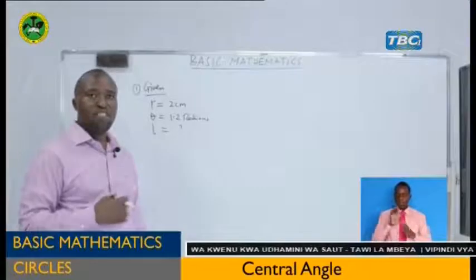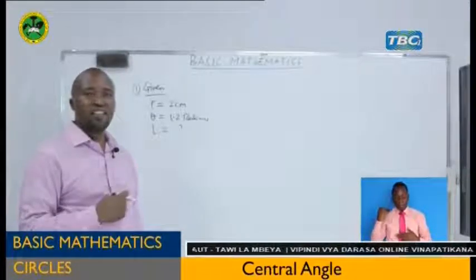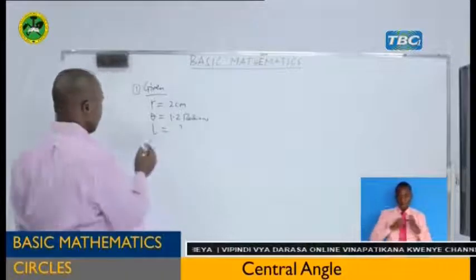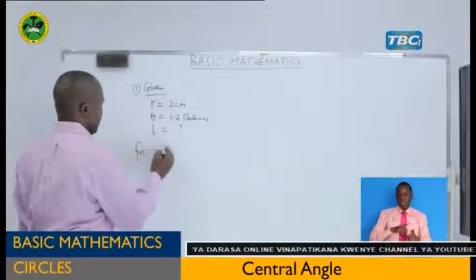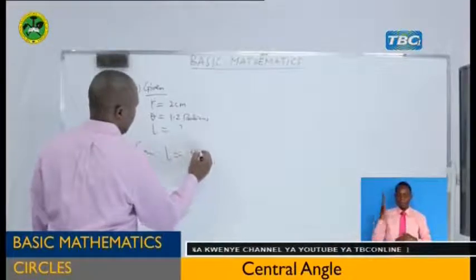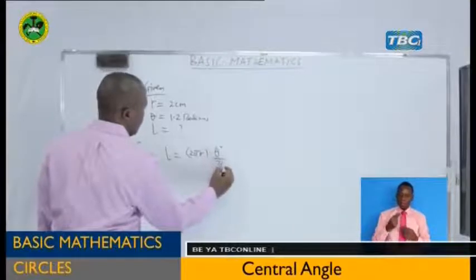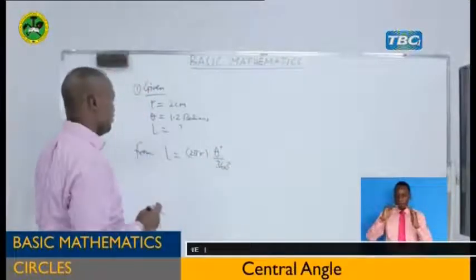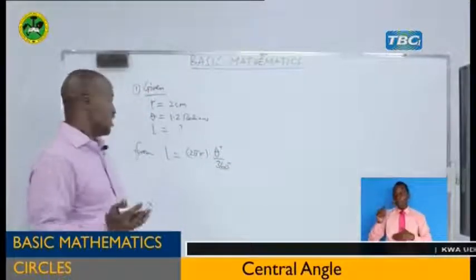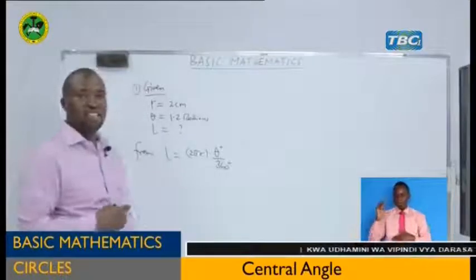Now, from our previous discussion, you remember the formula for finding the length of an arc. That is L equals the circumference of the circle times the central angle over 360. But this time, our angle is given in radians.